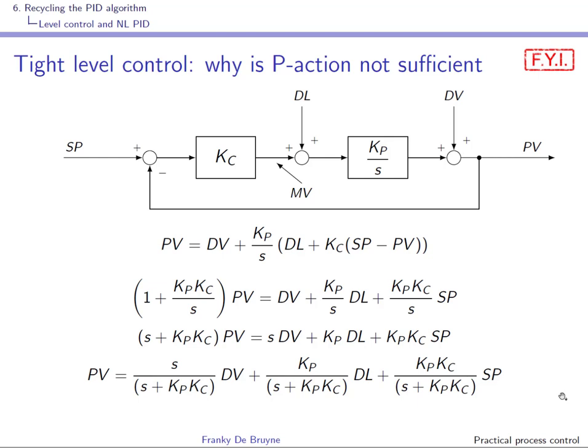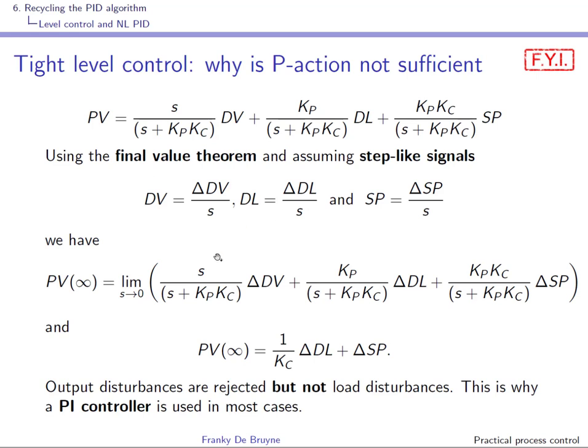You might think that P action might be sufficient as you have an integrator in the system, but if you go through the calculations and you compute, well, PV as a function of set point, load disturbance and output disturbance, and you look at the steady state behavior, you can do this by using the final value theorem, you can see that PV in steady state, well, is not influenced by output disturbances, so you can reject them.